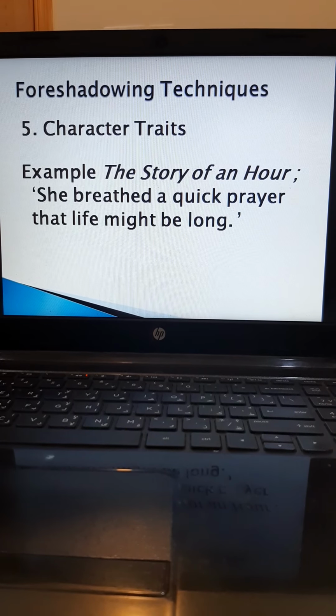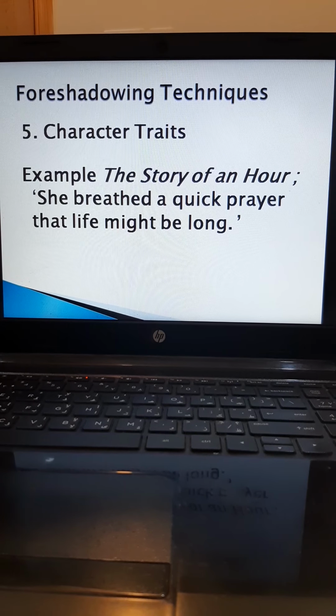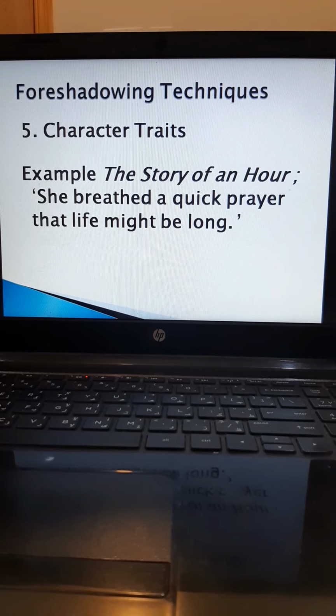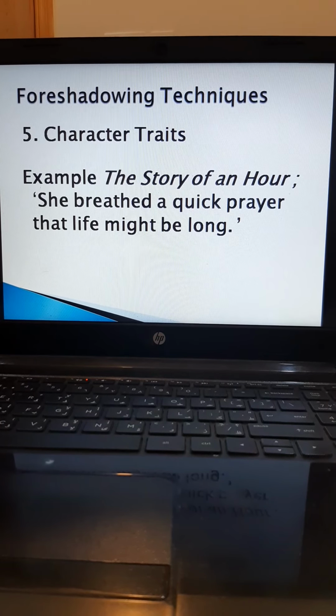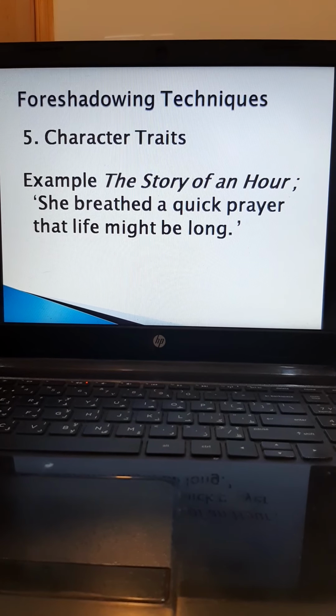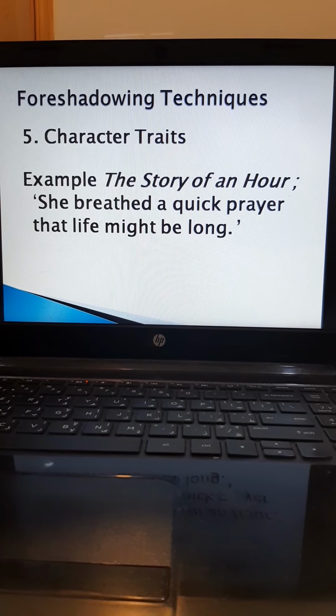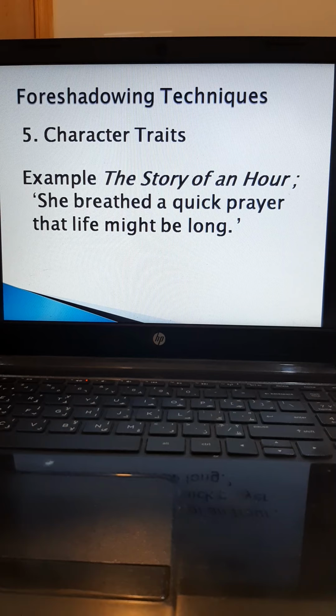It's mentioned in the beginning of the story. But the fact that she feels liberation at the news of her husband's death, I quote, "she breathed a quick prayer that life might be long," unquote. However, when she witnesses Brentley coming home, her joy turns to shock and she dies as a result.